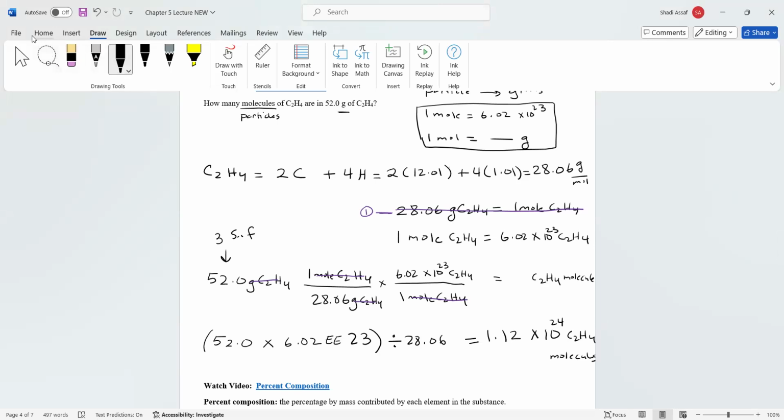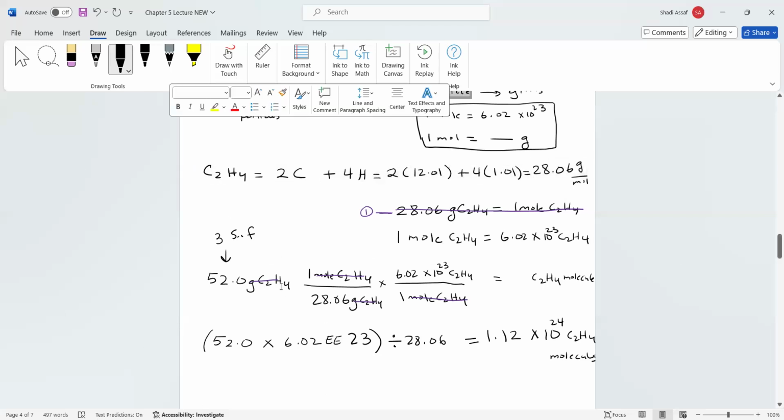Now I'll make this video just a little bit longer by asking, what if this problem asked you to stop at moles? What if it said, just give me the moles, converting from particles to moles or moles to particles? Let's look at that problem really quick. These go backwards.